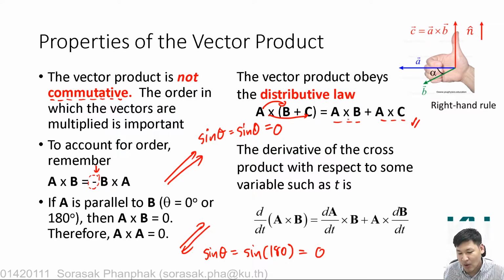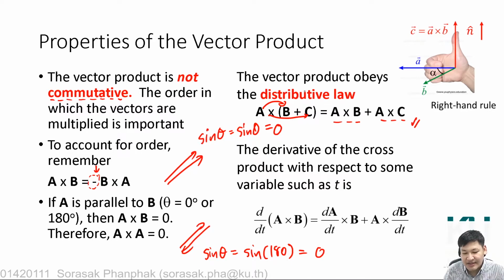And all of this can also be applied by the right hand rule as well. You can have A and B as a resultant vector, and then you have A cross that resultant. You're going to have the result of the cross product as well.